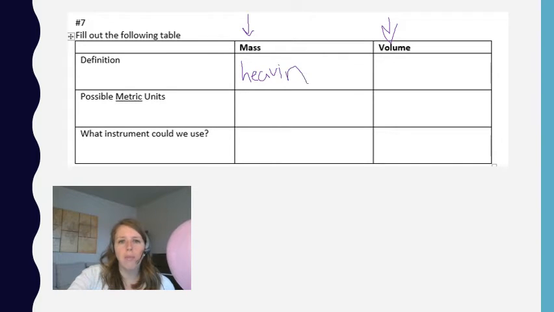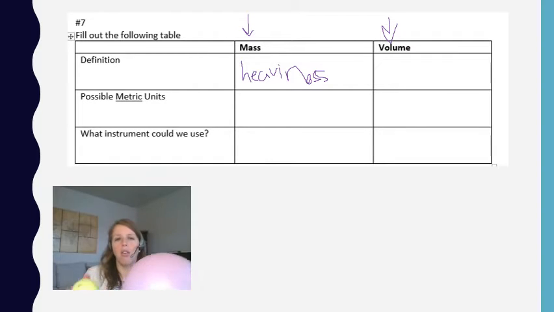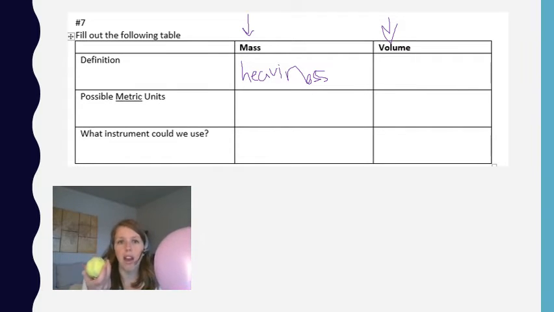As I hold these two objects, which one is heavier? Well, definitely the tennis ball is heavier. So the tennis ball has more mass, because it has more matter contained in it.